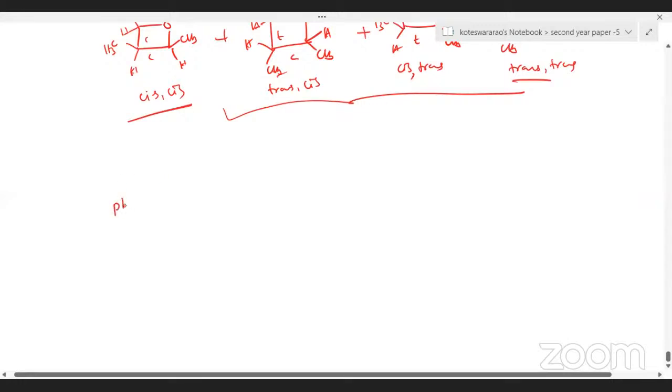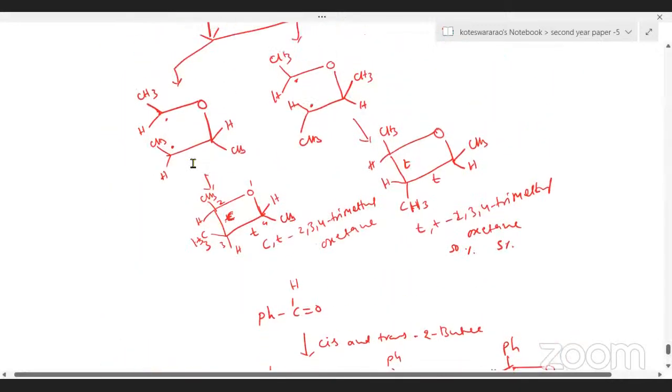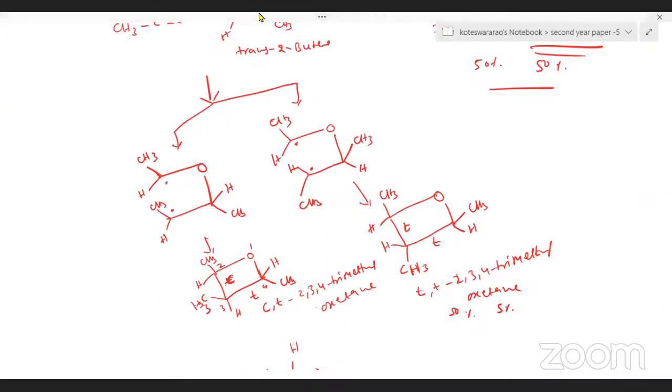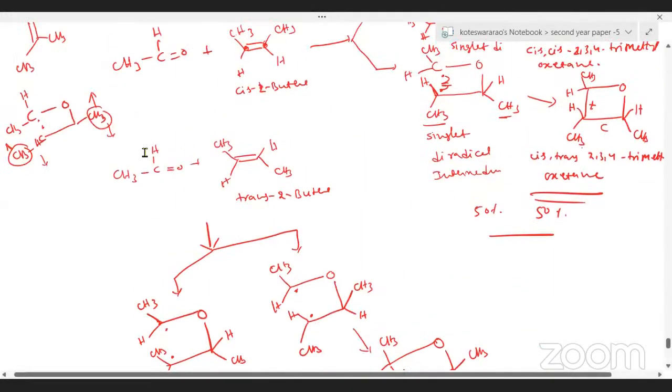Suppose the benzaldehyde is under irradiation. First, it is excited. This excited one is only the singlet excited state. This singlet excited state collides with the intermediates. Here also, same. These are trans intermediates. That is the formation of four products.